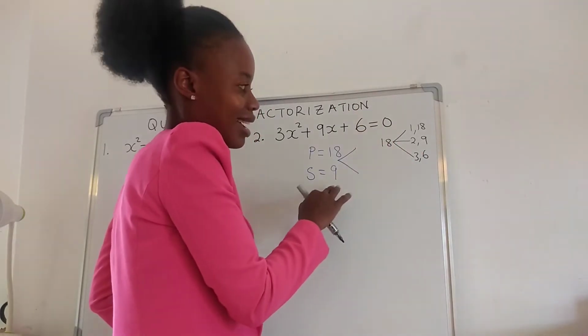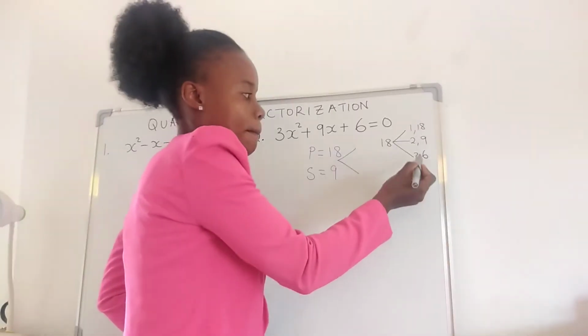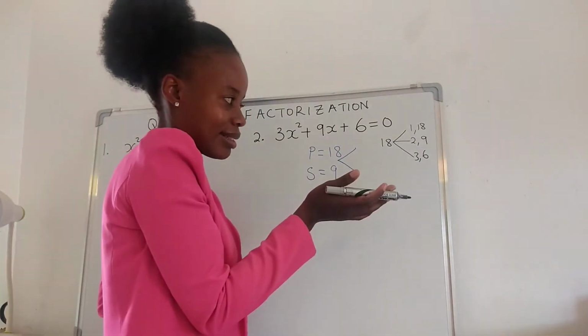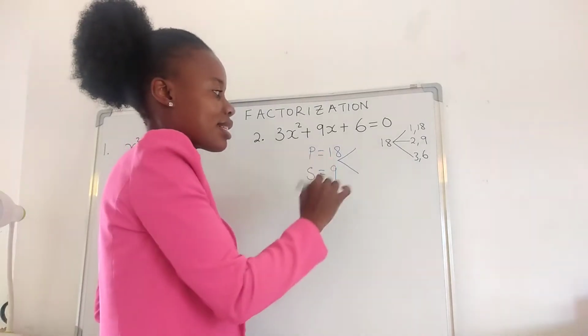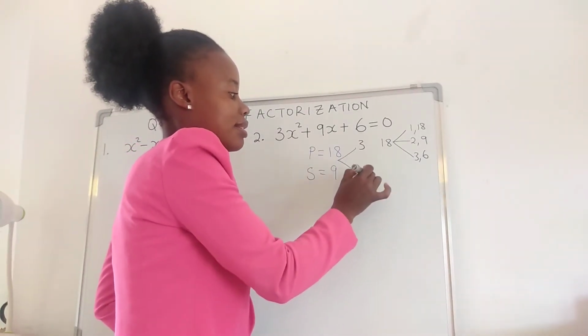They are not giving us 9. 3 plus 6 is 9. 3 and 6 give us 9. So we're going to use 3 and 6.